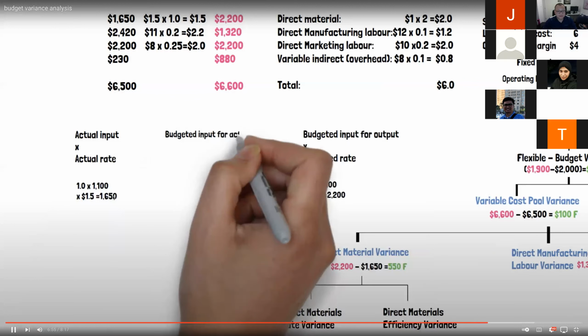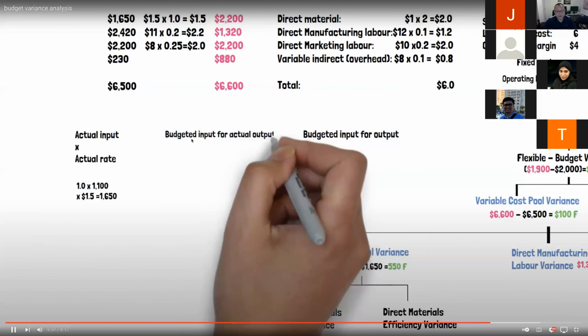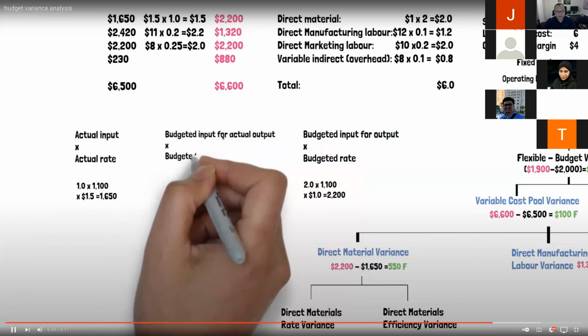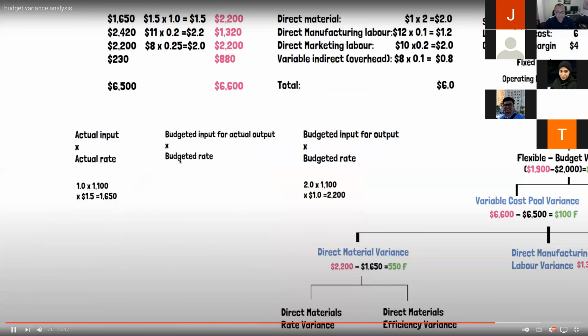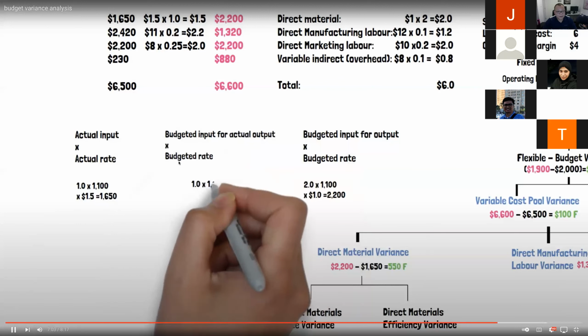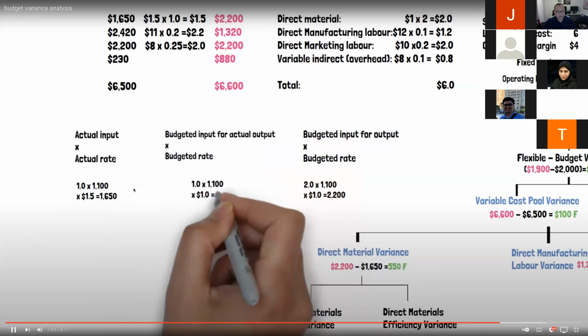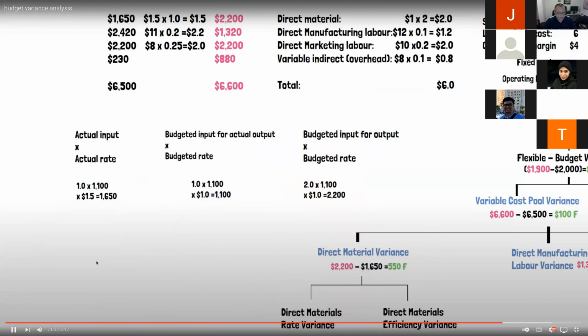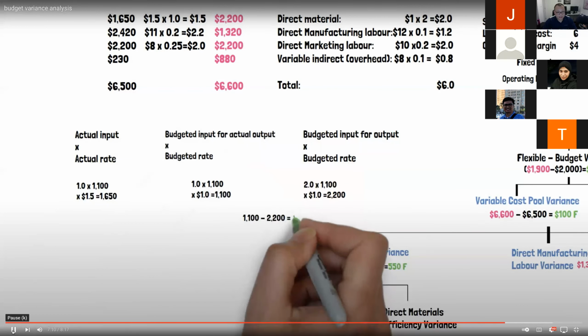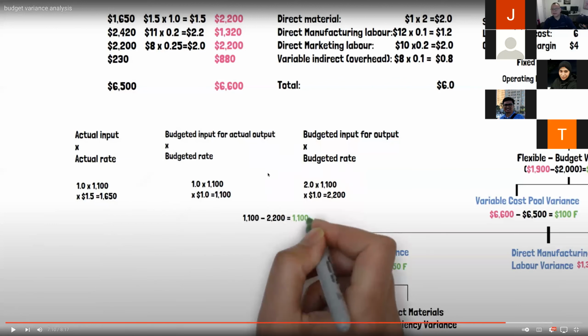This is the 1,650. And in the middle, we are using the budget input for actual output times budget rate. So here would be 1.0 times 1,100. So I had to explain this here. For this direct materials, the input here is 2, okay?